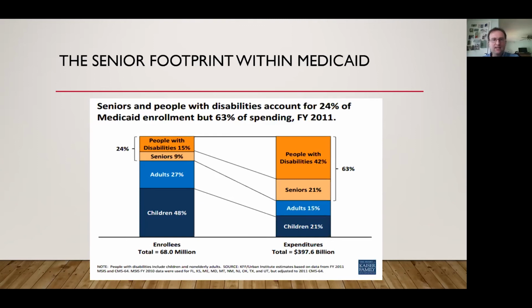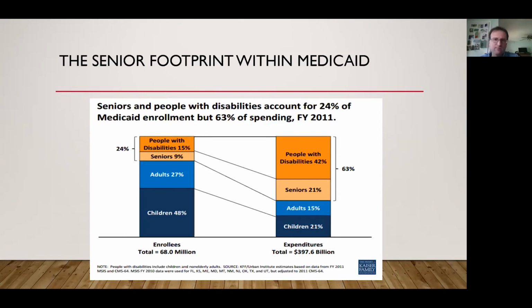And it's fascinating to me, therefore, this headline statistic here, that if we take them together, seniors and people with disabilities account for only 24% of overall Medicaid enrollment, but a full 63% of the spending. And if we just take seniors into this equation, you can see it's 9% of overall enrollees.